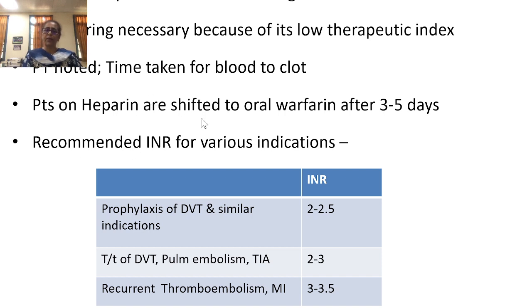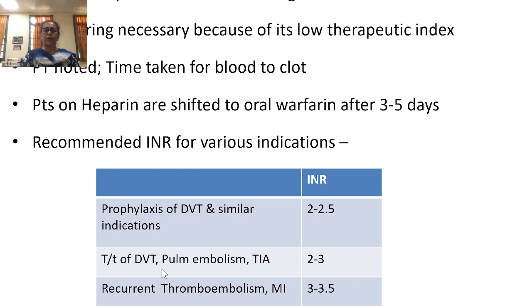Patients on heparin are shifted to oral warfarin after 3 to 5 days. Now how much should be the INR? INR is the international normalized ratio for the clotting factors. So for the prophylaxis of deep vein thrombosis and similar indications, the INR has to be maintained between 2 to 2.5.